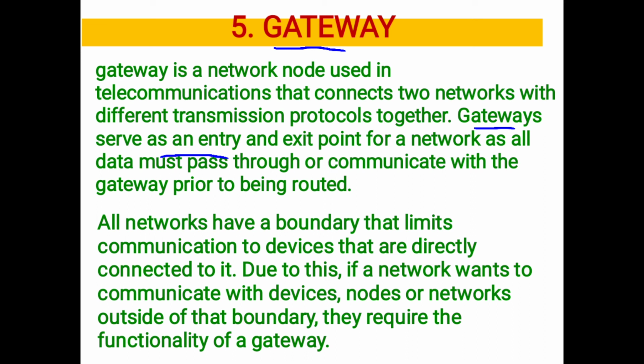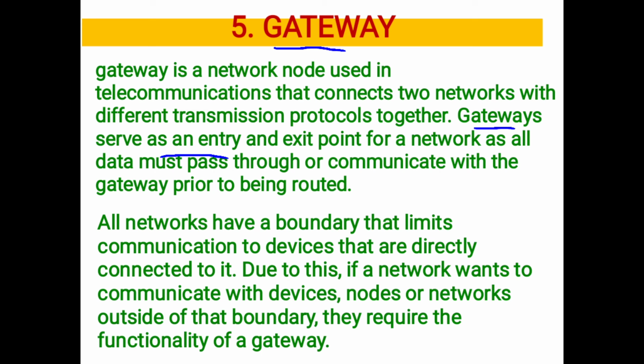If you have a connection at your home in which all the computers are using the same IP address, the concept of IP address is a bit complex. If you want more detailed knowledge, write it in the comment box and I'll explain. But when the computers are communicating with the help of the same IP address, the router itself is enough. When the computers are connected with different IP addresses, you need a device called a gateway.